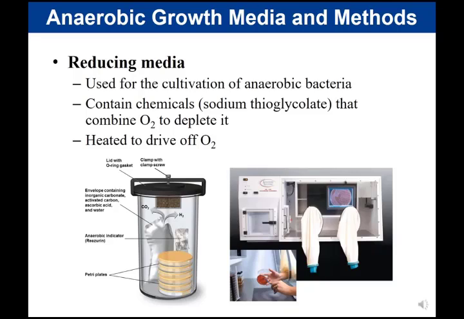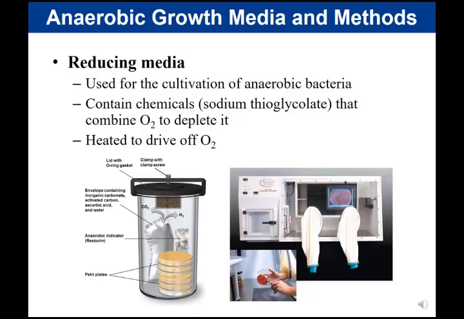Now, reducing media is used for the cultivation or the culture of anaerobic bacteria. And this contains chemicals. For example, a thio broth contains sodium thioglycolate that takes O2 and reduces O2 into water.